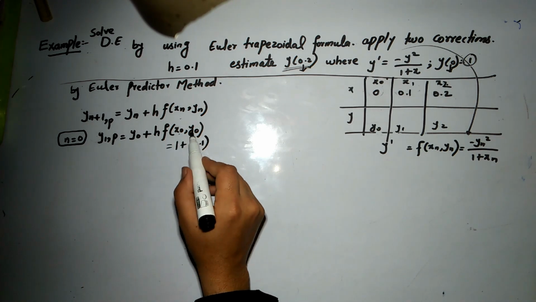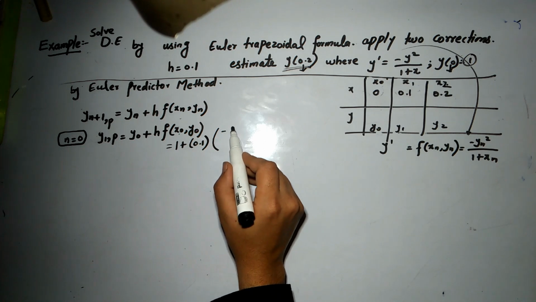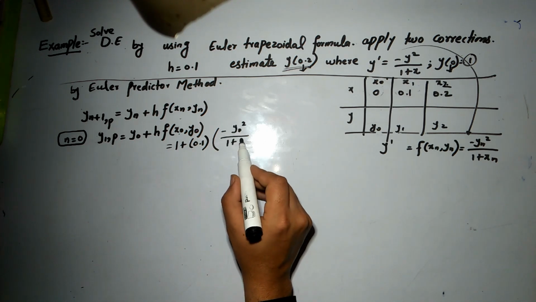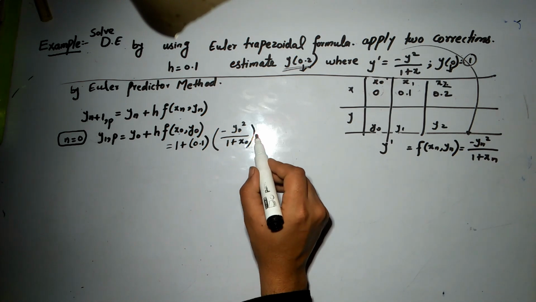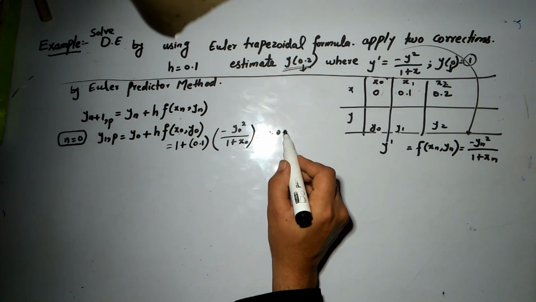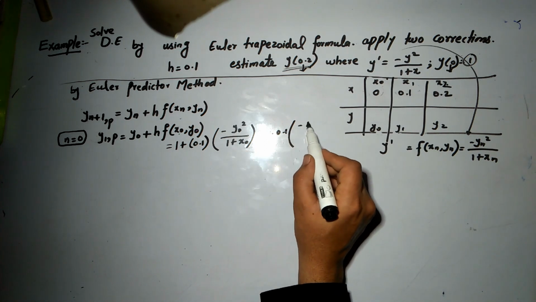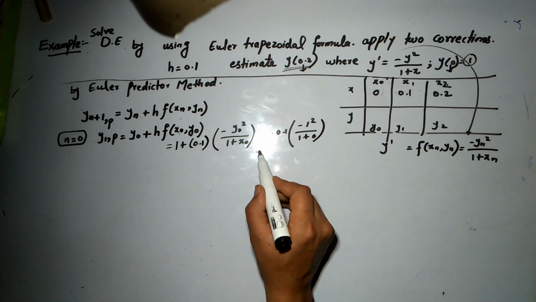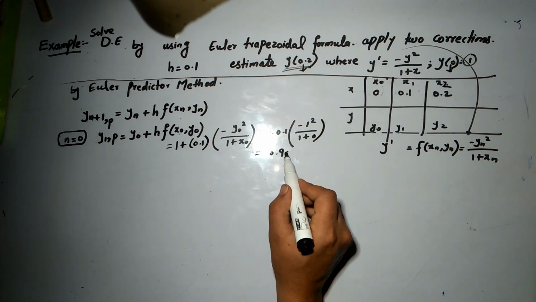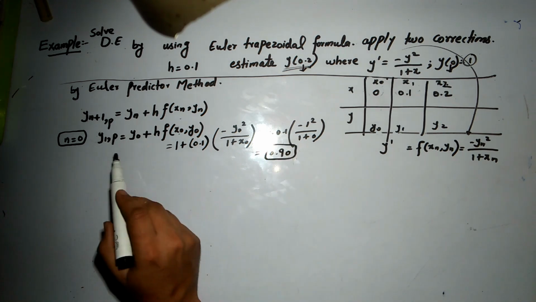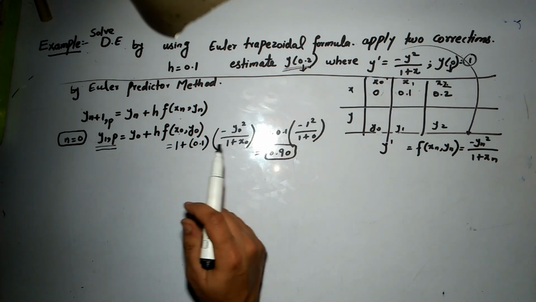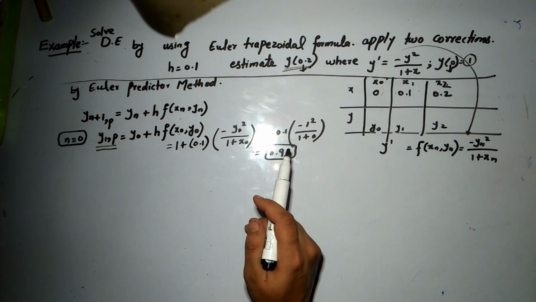So f(x0, y0) will be equal to minus y(0) squared over 1 plus x(0), which is minus 1 squared over 1 plus 0, so this will become 0.90. This is y1 of p, y1 of p is equal to 0.90.